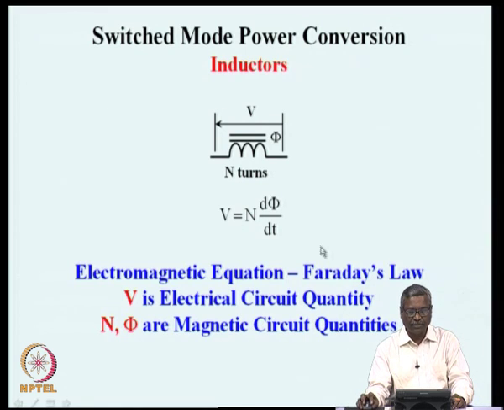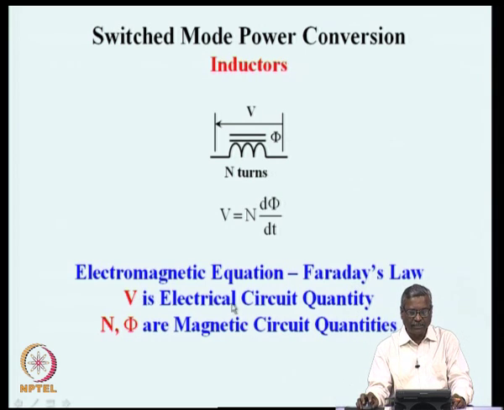This relationship is the famous Faraday's law, the electromagnetic equation, where the voltage across the inductor is equal to the number of turns times the rate of change of flux in the inductor, or sometimes defined as the rate of change of flux linkage in the inductor.